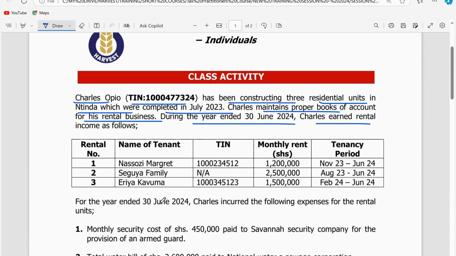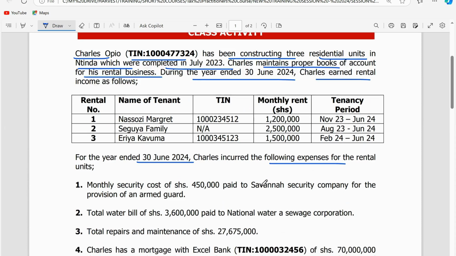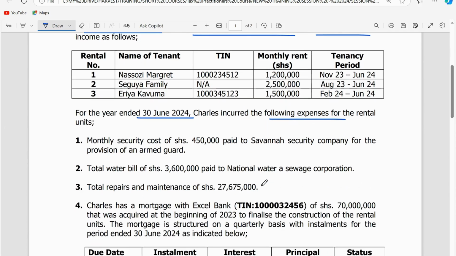For the year ended 30th of June, Charles has indicated to you that he incurred monthly security costs to the tune of 450, and he has also provided the name of the company which is providing an armed guard for the rental units in the same enclosure.